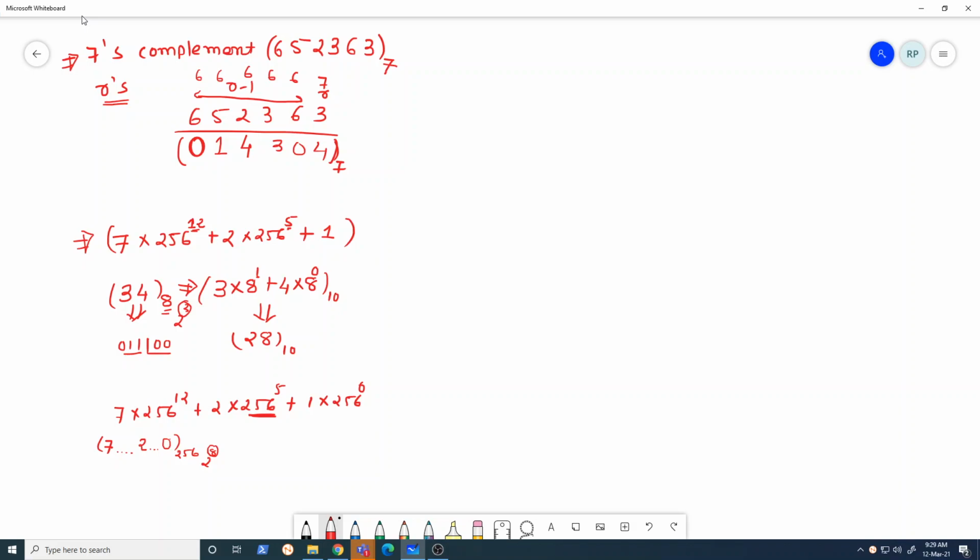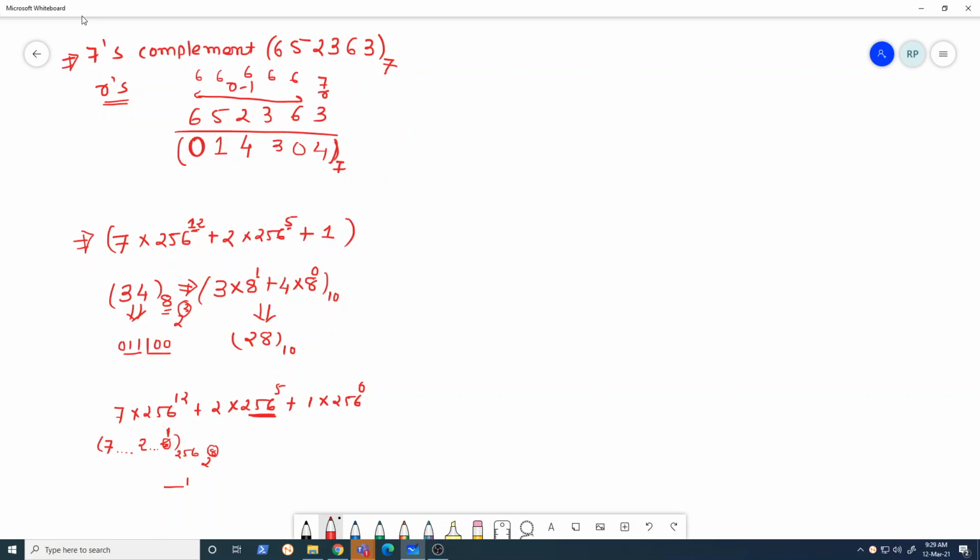Take each digit and represent it in 8 bits. This is 1 at the 0th position, so 8 bits means seven 0s and the last is 1.